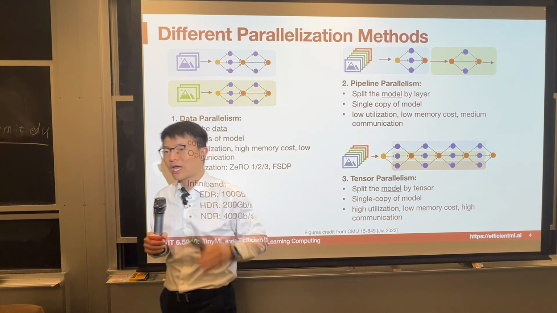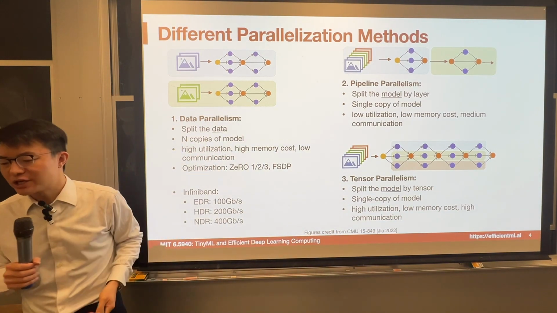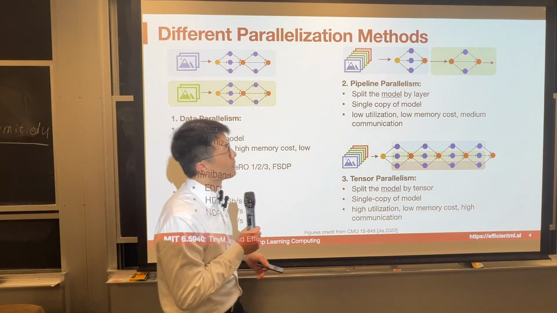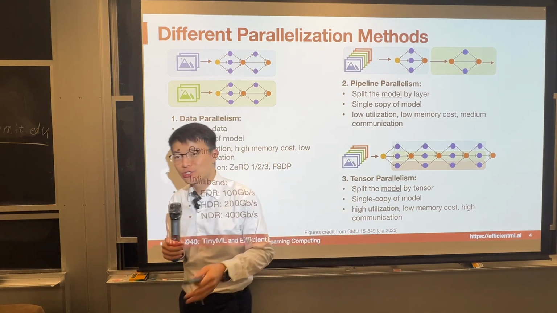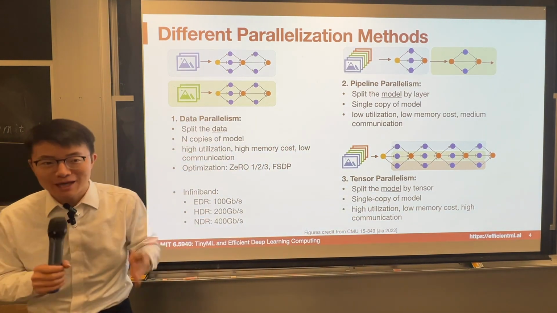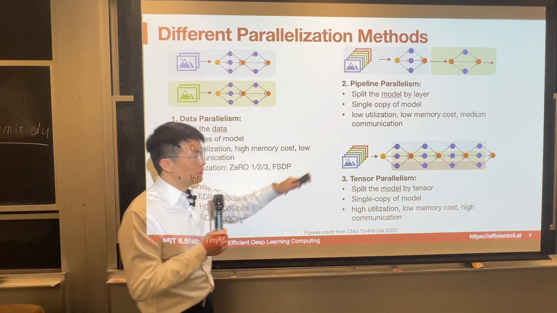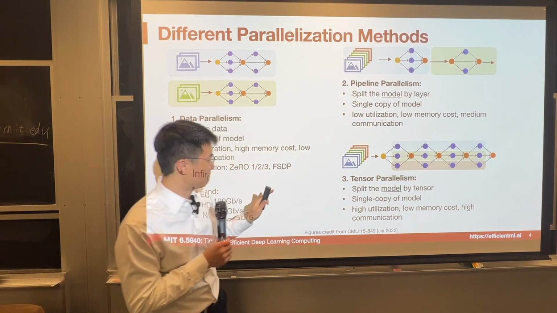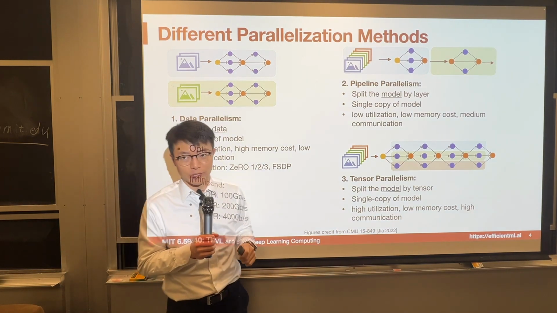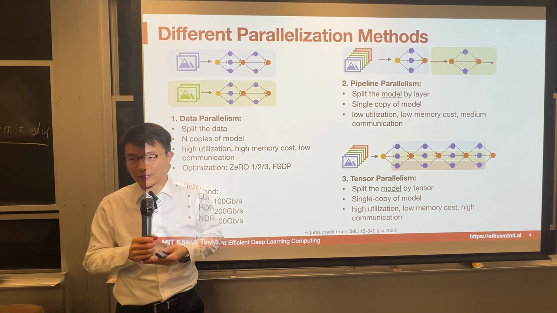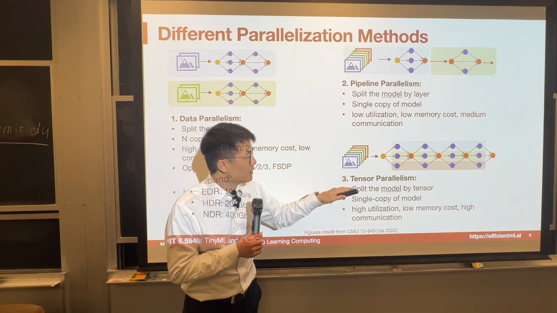Some slow layers have to wait. Some fast layers have to wait for the slow layer. Low memory cost, since each GPU handles only a subset of all the layers. Medium communication, unlike this one, which has low communication because the entire update happens locally on the machine.